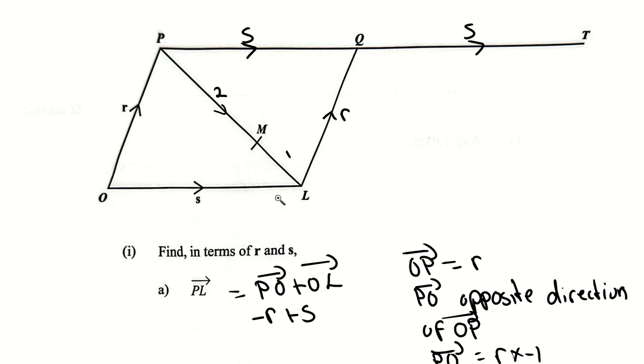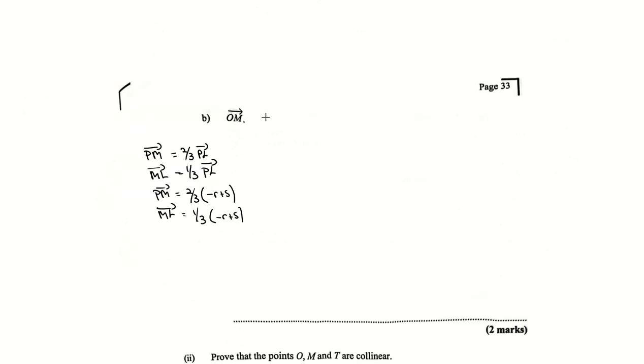We can go from O to L and then L to M, or you can go from O to P and then P to M. I don't want to deal with the opposite direction, so I will go from O to P and then P to M. So this is O to P plus P to M.